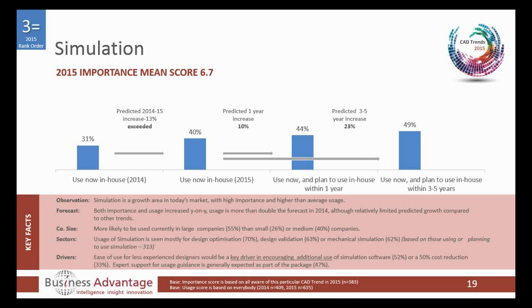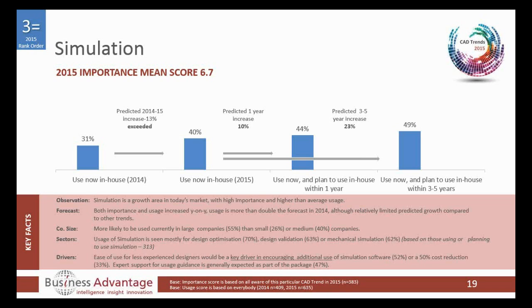The usage of simulation is seen mostly for design optimization, design validation, or mechanical simulation. And the main drivers for simulation tools include things like ease of use, and for less experienced designers, this would be a key driver encouraging additional use of simulation software, and that represents about 52% of our sample. Cost reduction was also important.